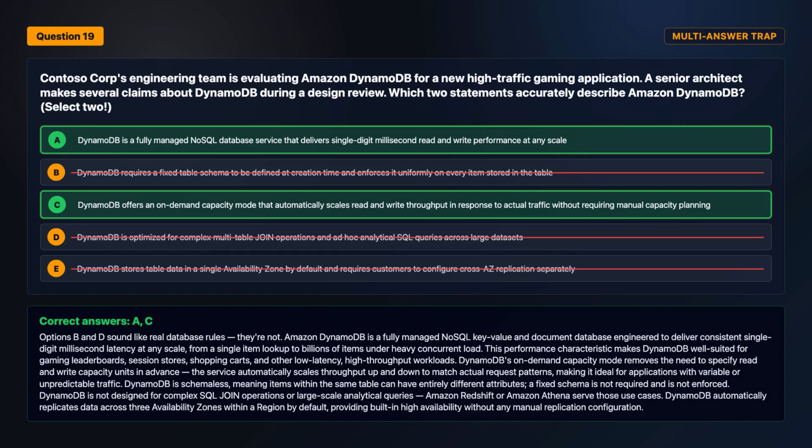DynamoDB is not designed for complex SQL join operations or large-scale analytical queries. Amazon Redshift or Amazon Athena serve those use cases. DynamoDB automatically replicates data across 3 availability zones within a region by default, providing built-in high availability without any manual replication configuration.